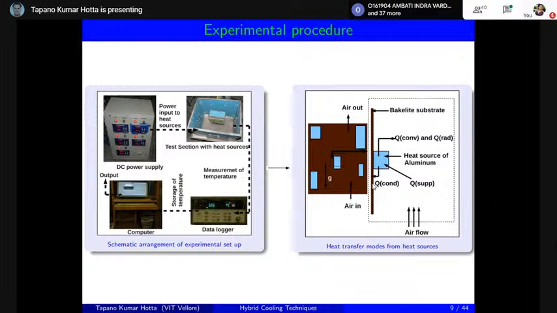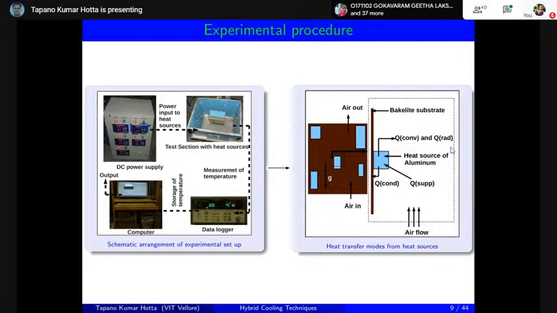But as the bakelite board is more or less insulated, because its conductivity is only 0.04 watt per meter Kelvin, the Q conduction will be extremely small. But apart from Q conduction, also what will happen now? There will be heat dissipation in the form of convection, because the chips are going to cool. So they are going to dissipate heat to the ambient. Also, there will be heat loss in the form of radiation, depending upon the surface condition of the chips, whether they are polished surfaces or black surfaces. You can say that there will be a huge amount of heat dissipation in the form of radiation as well.